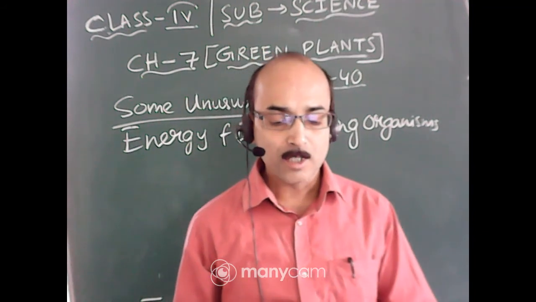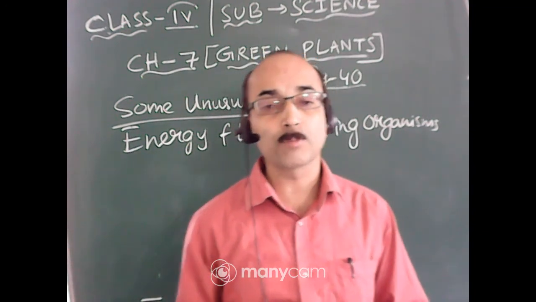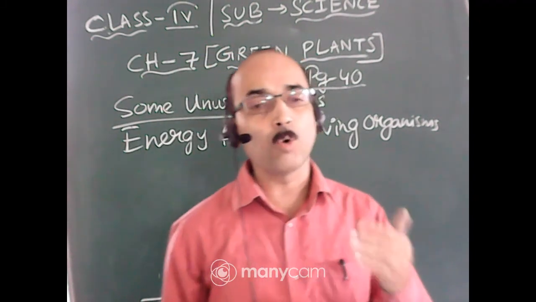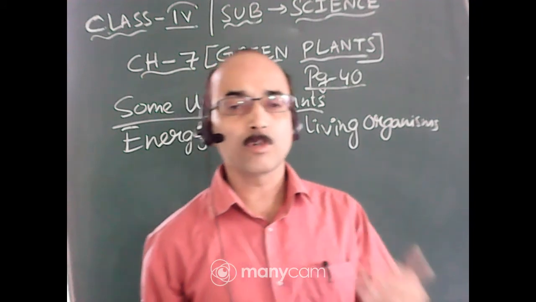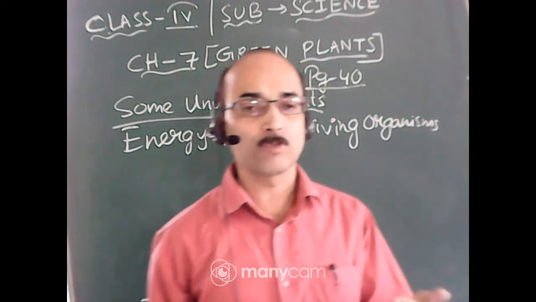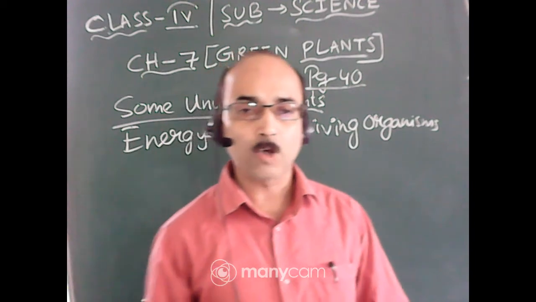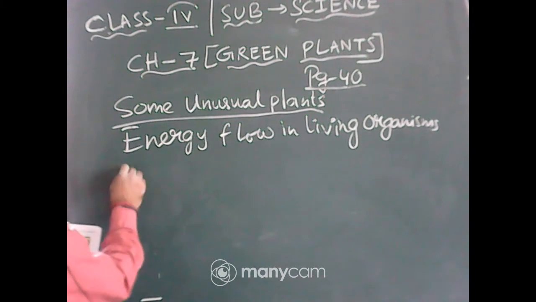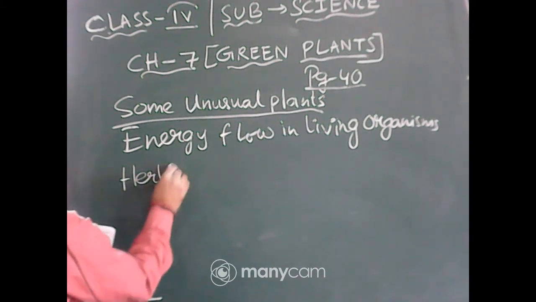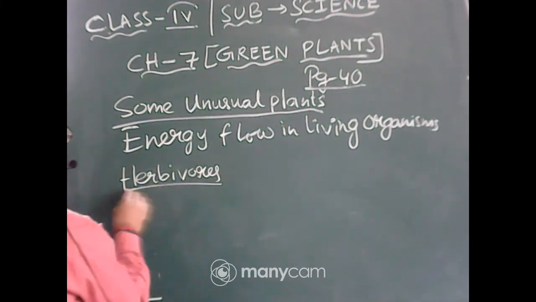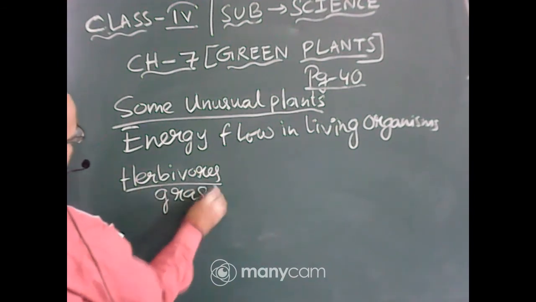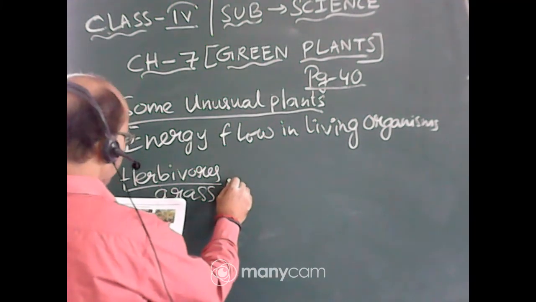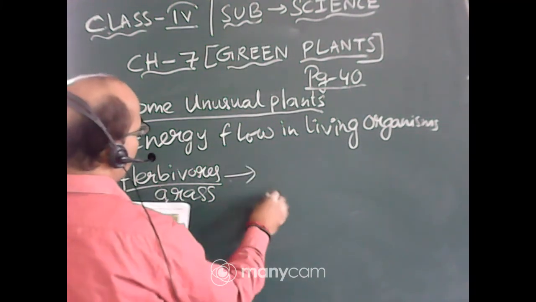A food chain starts from a producer. Who is a producer? Plants are called producers because they can make their own food with the help of carbon dioxide, sunlight, water and chlorophyll. So they are called producers. For example, grass is eaten by herbivores, and herbivores are eaten by carnivores.